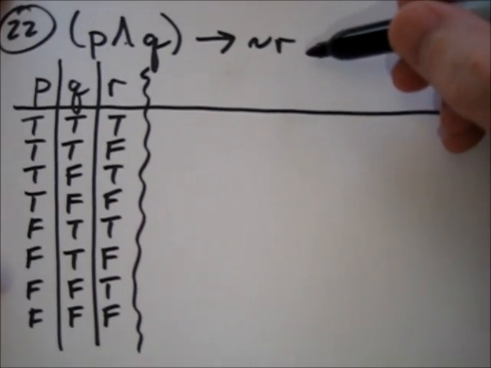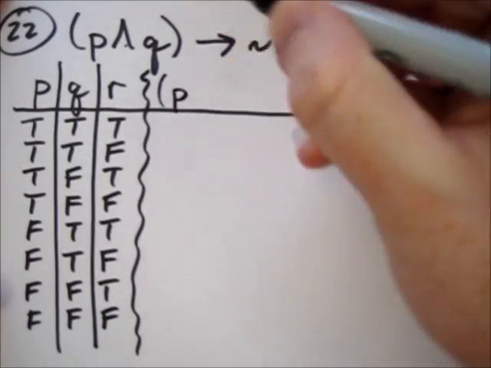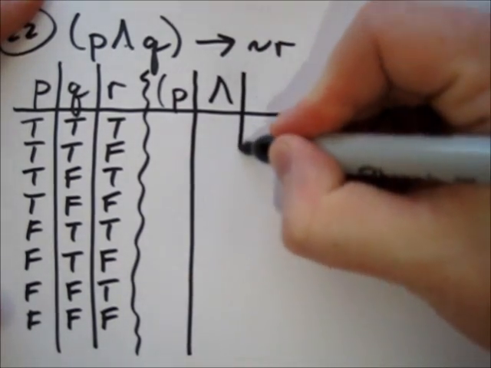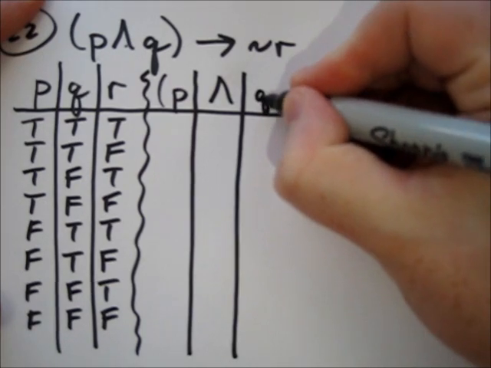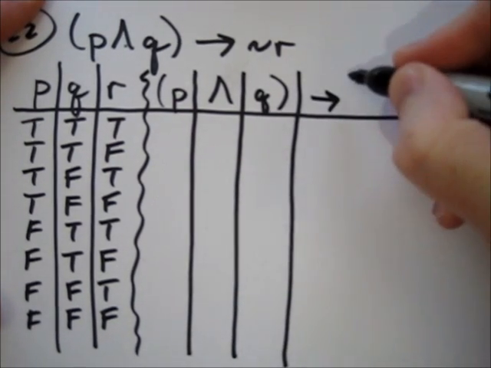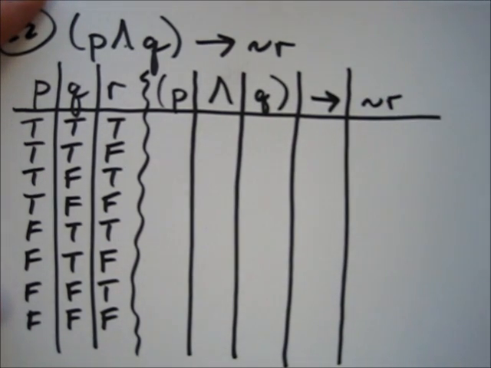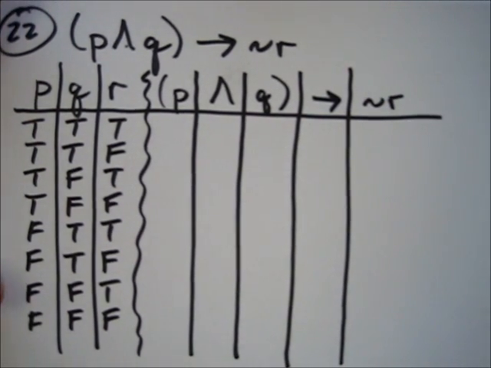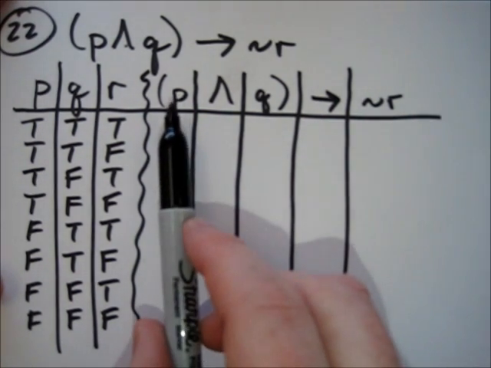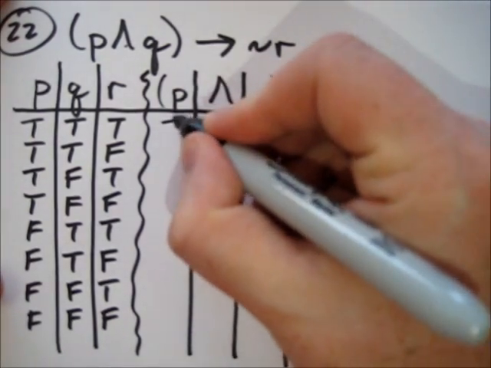And now we need to draw our compound statement across the top with all the necessary columns. So a column for P, a column for the conjunction, a column for Q, a column for the conditional, and a column for the negation of R. And the first thing we're going to do is fill in each of the columns for the simple statements, P, Q, and the negation of R. So these are just copies.